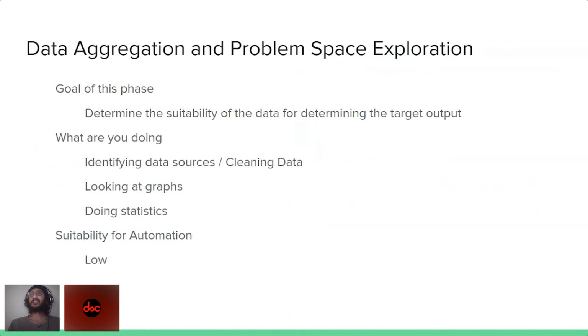And what you're doing in this phase is a lot of cleaning up data, identifying new data sources, looking at varying graphs and doing basic statistics. So it's not something that's very suitable for setting up to be very automated, because a lot of it is new and experimental, things that you're trying out.